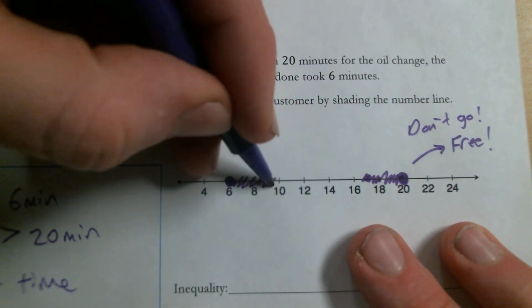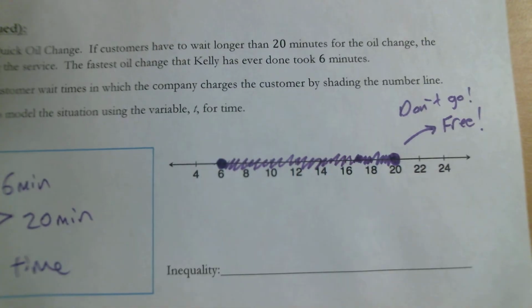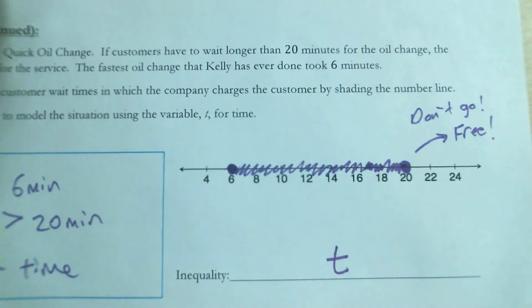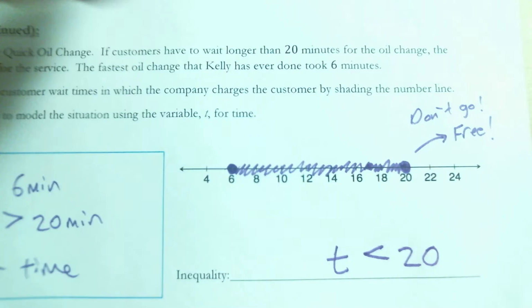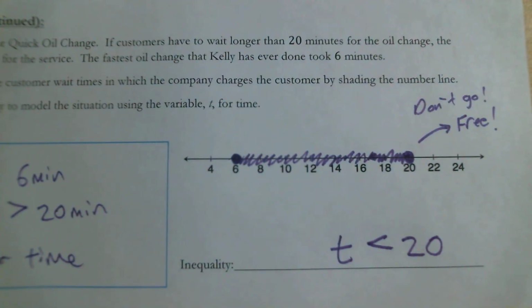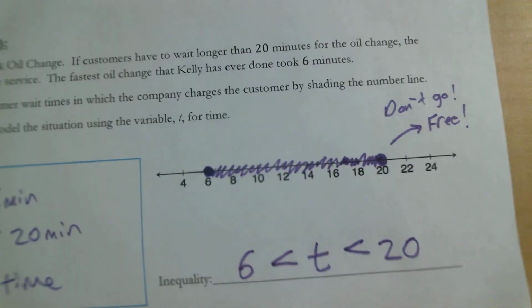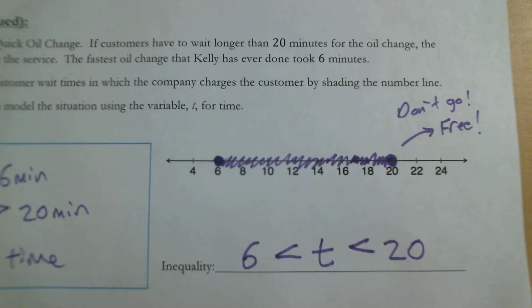So it includes all of these between here, okay? So that means t, the time it takes, it has to be less than 20. But there's no way it's going to be smaller than 6. So I'm going to say it's also going to be greater than 6. So our time is not going to be less than 20 or more than 6.